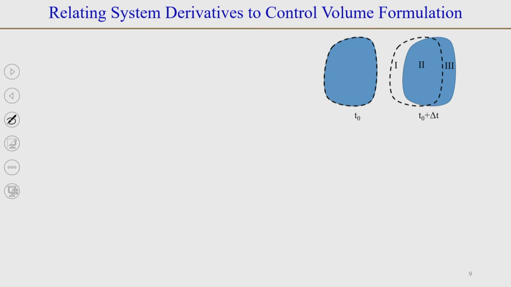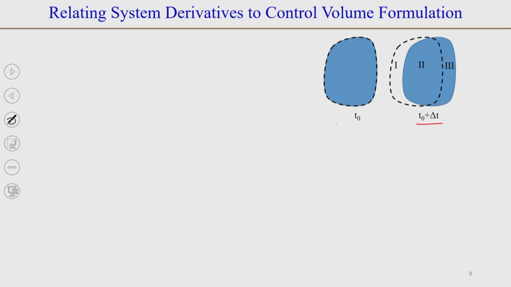Now, we consider the motion of a particular intensive property n, or what has happened to n when the system has moved from this position to this position. To do this, we have divided the system at time t naught plus delta t.